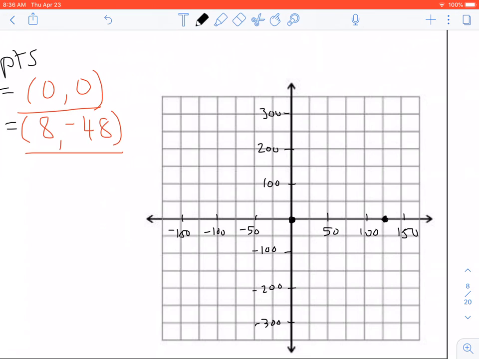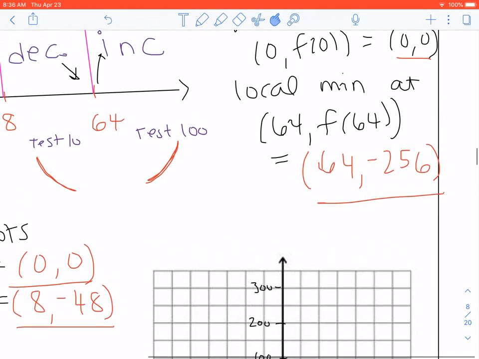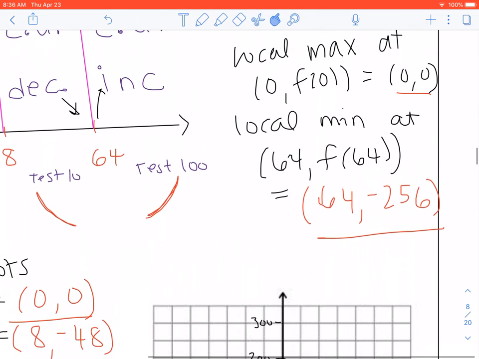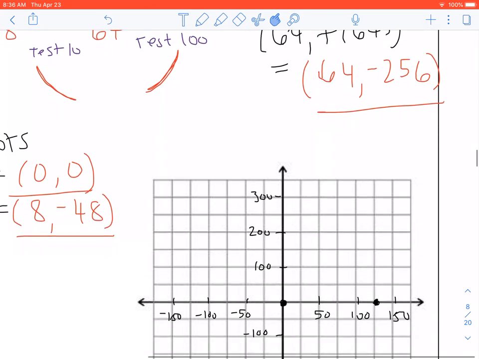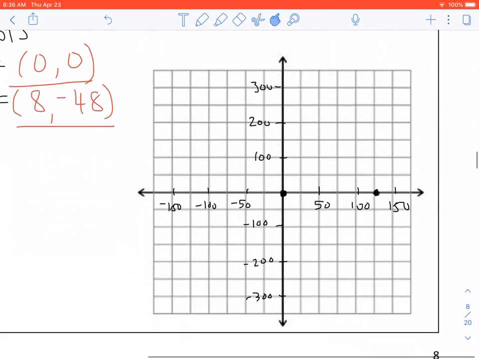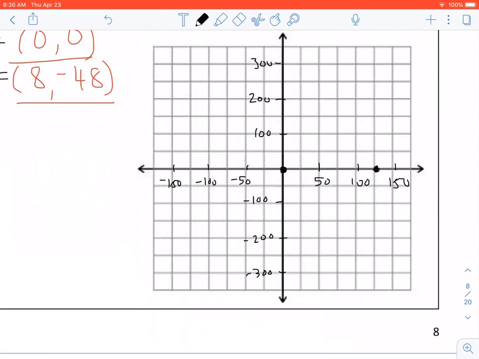Okay, then we also had, back up at the top, a local minimum and a local maximum. Local maximum is at 0, 0, and local minimum is at 64, negative 256. So do your best in graphing that point. So 64, negative 256.